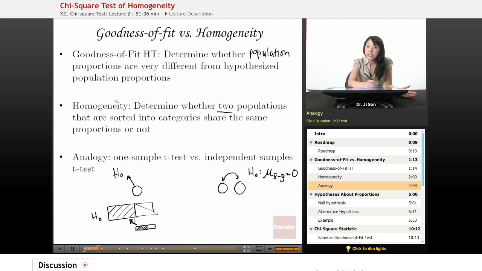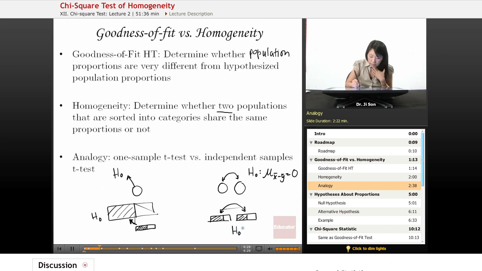In our test of homogeneity, we have two samples that come from two unknown populations, and we want to know whether these have similar proportions to each other. And so that's going to be our null hypothesis, that these have the same proportions or have different ones.